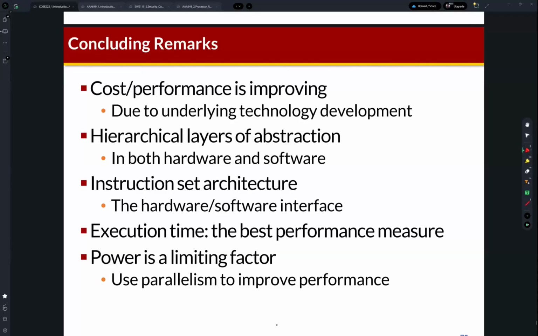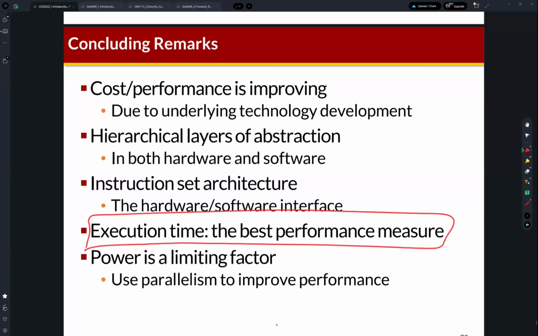And then execution time. In order to measure the performance, we can measure the execution time. And we also learned how to measure the execution time. Okay, as I mentioned, the instruction count multiplied by CPI and clock cycle time is a very important equation in this course.